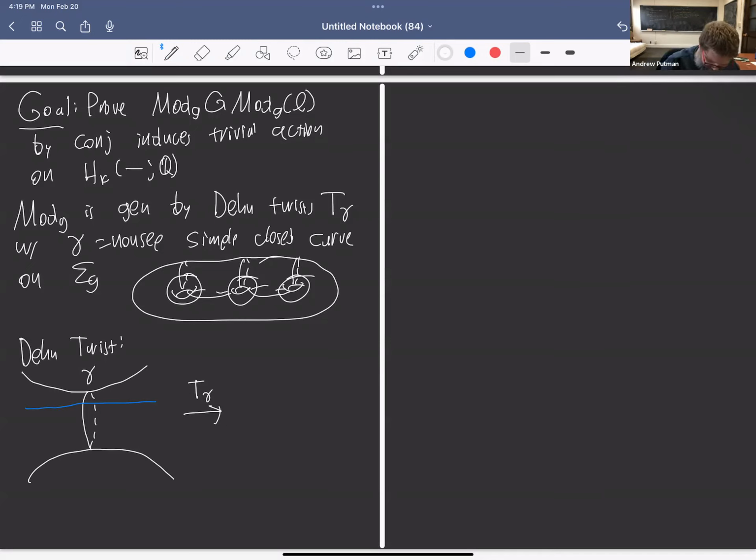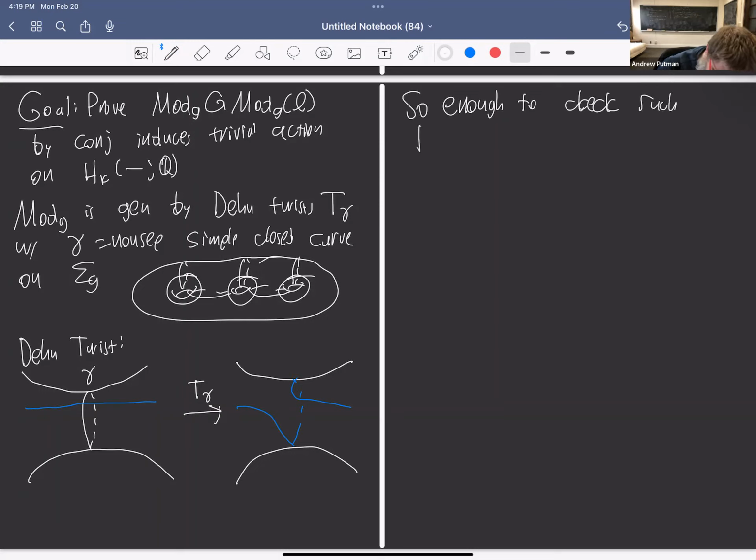So it looks like this. Then the blue curve goes like that. Okay, so these are the generators of the mapping class group. In fact, yes, you need the ones I listed right there. So it's enough to check that such T gamma act trivially, right?